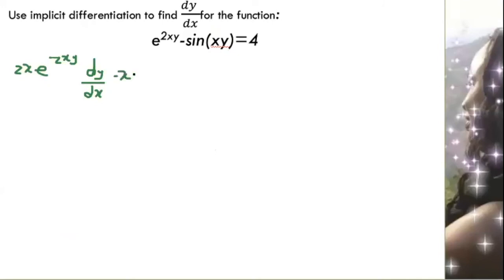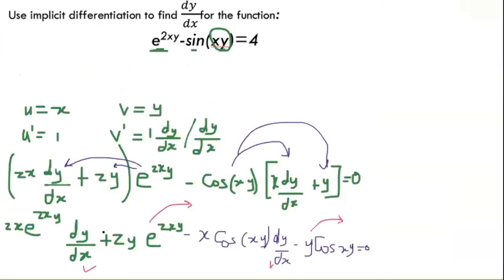So I have minus x cos xy times dy over dx, equal, and the ones that don't have dy/dx, we carry over to the right.